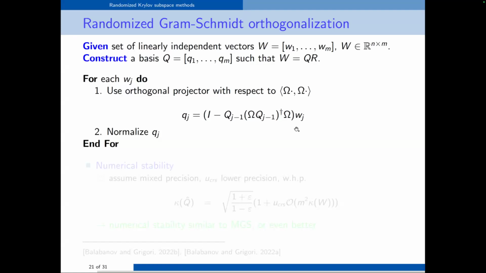So in other words, at each step of the orthogonalization, we are given a new vector Wj, and then we use this sketch orthogonal projector to obtain the new vector Qj. What this sketch orthogonal projector does is, first it sketches the vector, then it solves a least squares problem with the sketch of the basis to compute the coordinates of the vector in the new basis, and then it multiplies with Qj minus 1 and subtracts from the identity to obtain the new vector Qj.